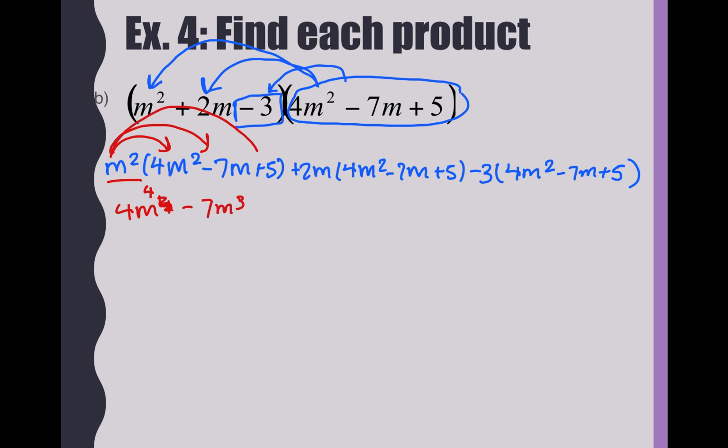And then m squared times 5 is plus 5m squared. Then 2m times 4m squared is plus 8m cubed. 2m times negative 7m is minus 14m squared. And 2m times 5 is plus 10m.